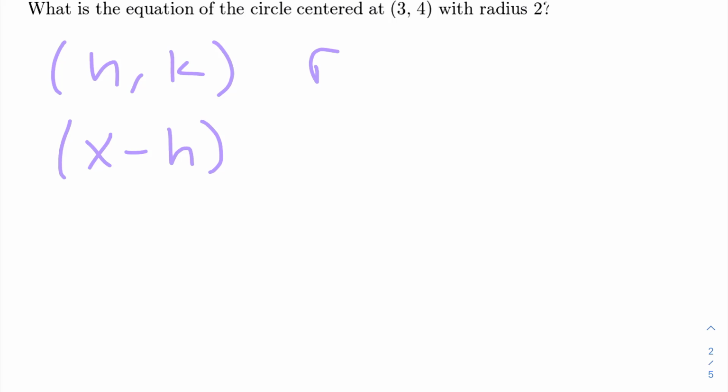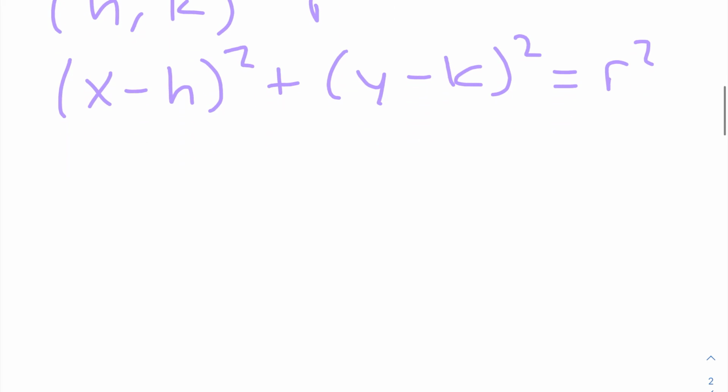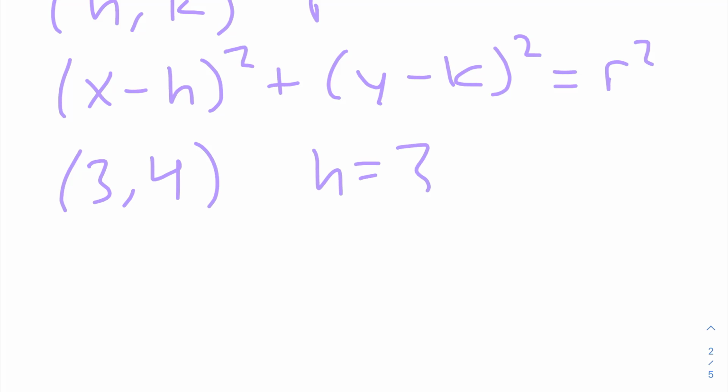What is the equation of the circle centered at (3, 4) with radius 2? Well, we just saw that if the center of a circle is (h, k) and its radius is r, then the equation of the circle would be (x - h)² + (y - k)² = r². So if the center is (3, 4), then h must be equal to 3 and k must be equal to 4.